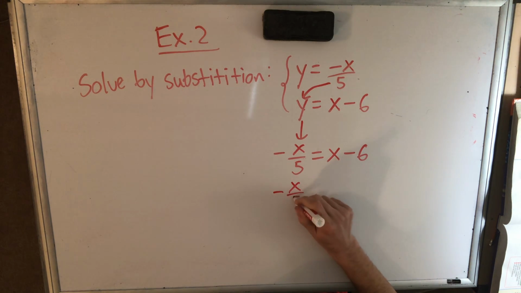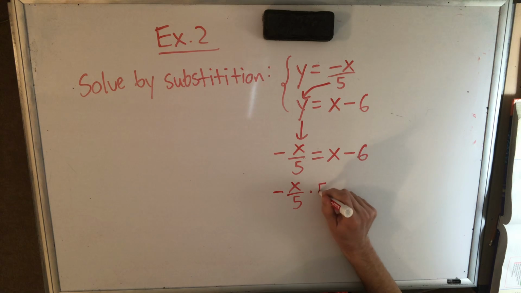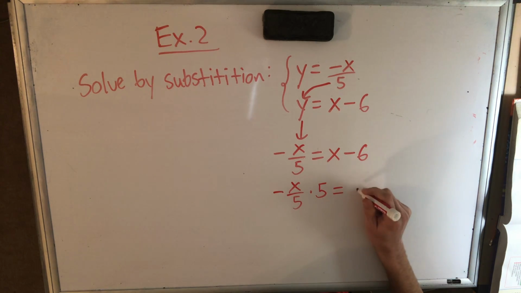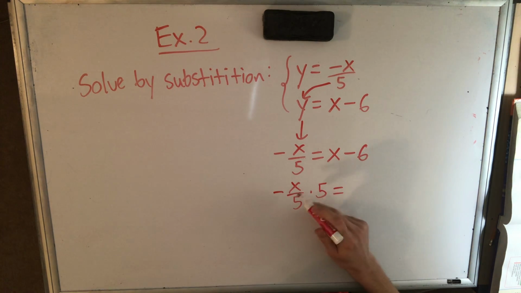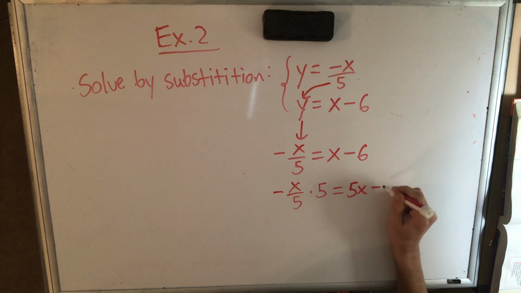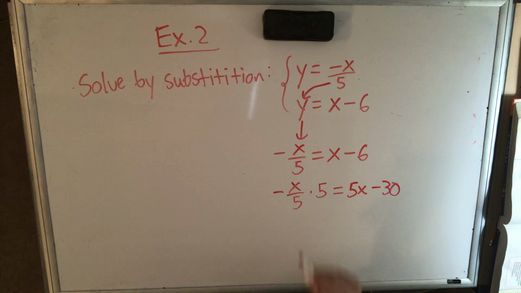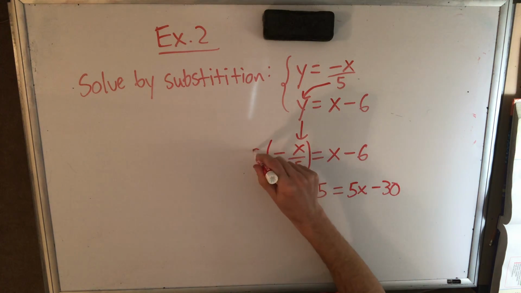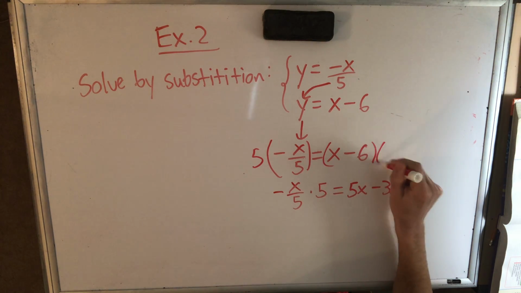So each term gets multiplied by 5, in other words. So negative x over 5 times 5 equals 5x minus 30. Each side got multiplied by 5.